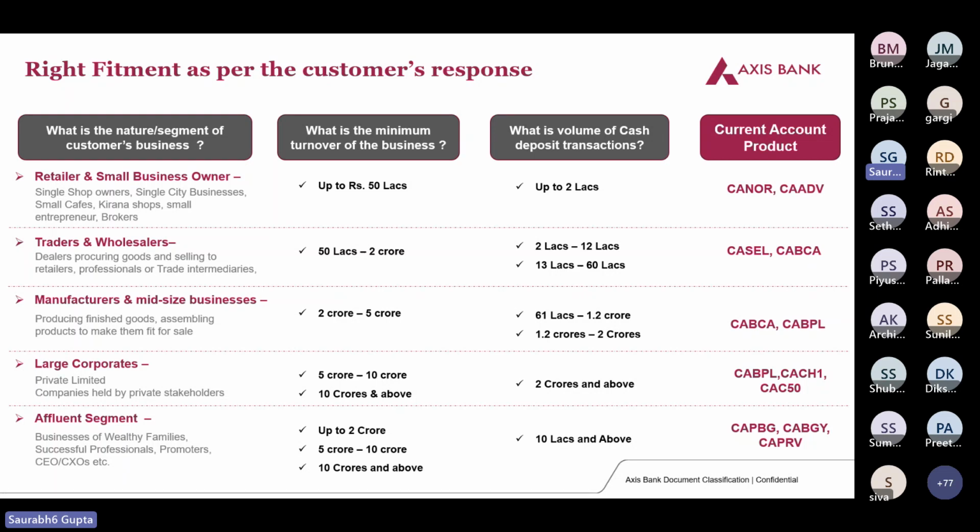Then you can pitch the right products, PBG, PGY, and PRV. For up to 2 crores, you can pitch the priority current account. For higher than 2 crores, it comes under the Burgundy criteria, and for 10 crores, it also comes under the Burgundy criteria. Likewise, you can pitch the right product to the customer.